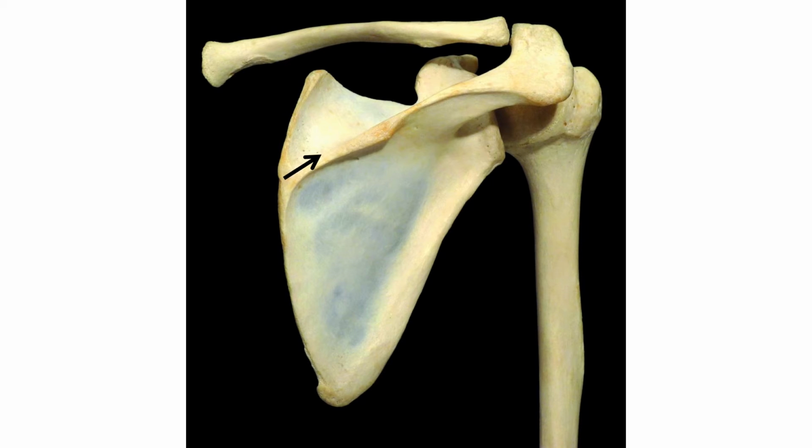Here is the beginning of the spinous process of the scapula from the junction of upper third and lower two thirds of the medial border or the vertebral border, and as the spine of the scapula proceeds laterally, reaching the superior angle, it becomes the acromion process. And this spinous process divides the posterior surface into supraspinous fossa and infraspinous fossa.